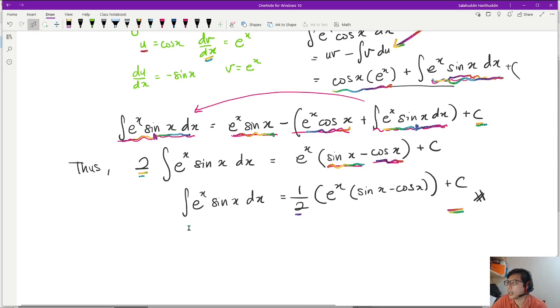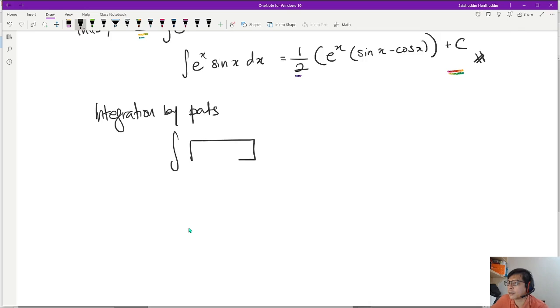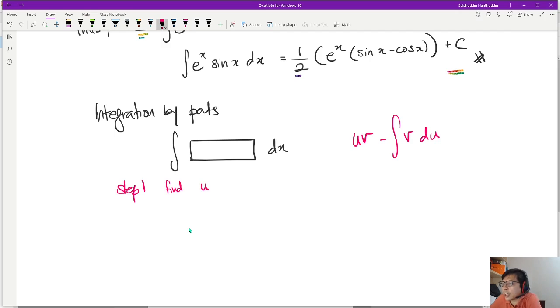So I hope my point is, usually whenever you've got integration by parts, this is a conclusion. Let's say you've got a really messy function here, and you know integration by parts, the formula is u times v minus the integral of v with respect to u. What you need to do, step 1 is find u and dv/dx first, however you want to separate them.